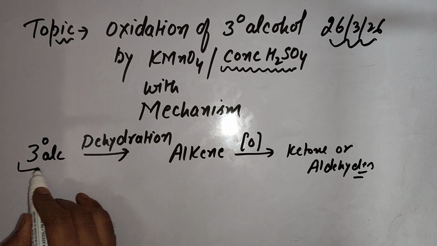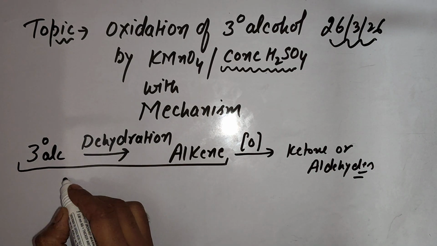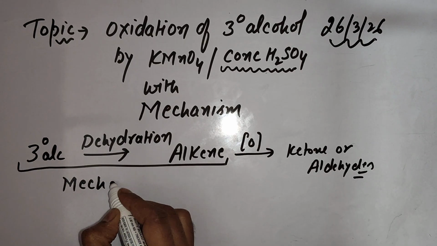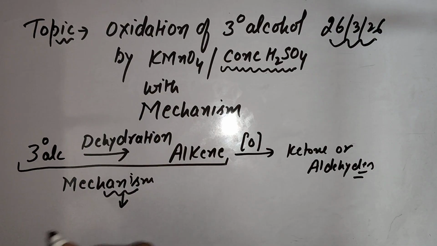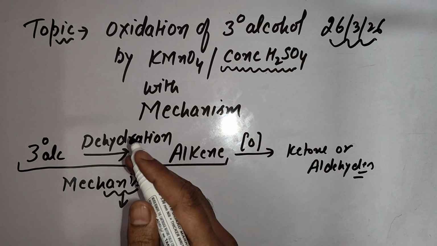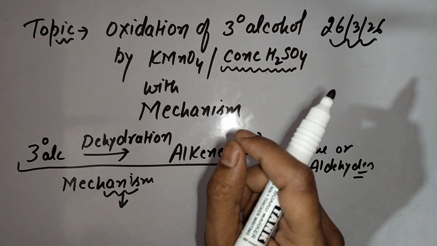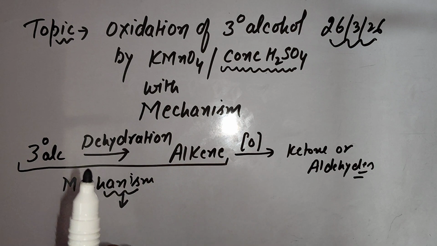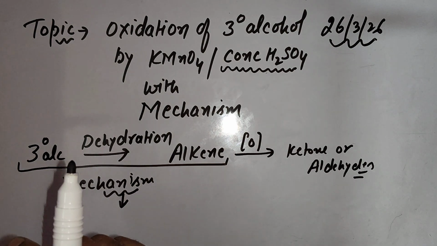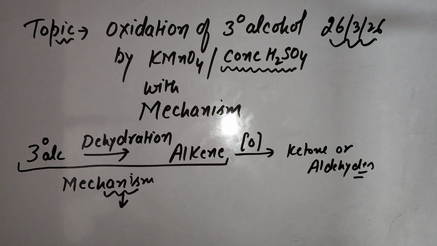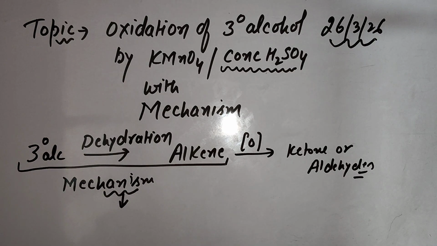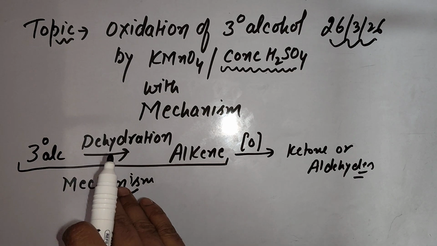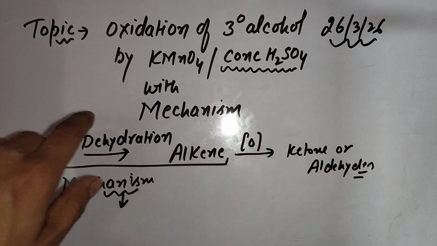Now from here to here, the mechanism part we have already done under the topic of 3-degree alcohol dehydration. When we did dehydration reactions of alcohol, we did 1-degree, 2-degree and 3-degree alcohol dehydration. So that mechanism we already know. So let's start.